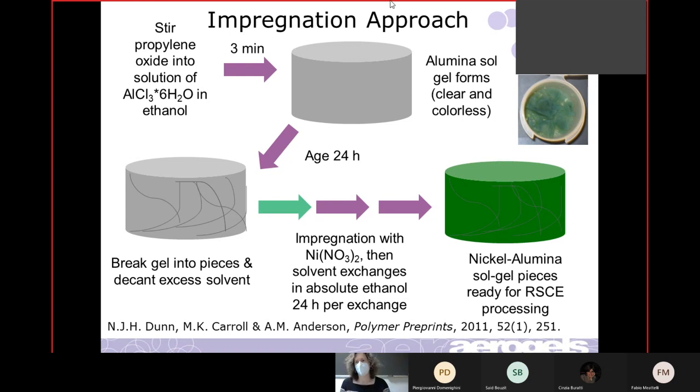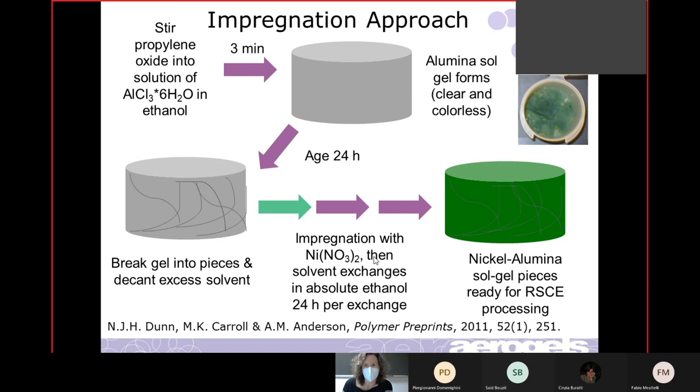We typically would then let the gel age for about a day, and then we break it into pieces. I'll get into that in a minute. And we get rid of any excess solvent, and then we do a series of solvent exchanges. And in the first solvent exchange, we add the other salt we're interested in. So in this example, what we're doing is an impregnation with nickel.